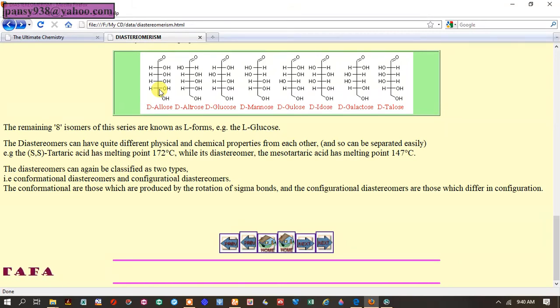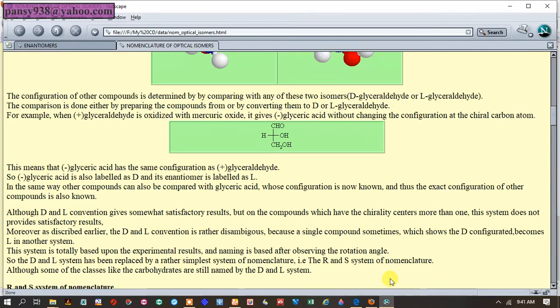It can't tell us about the stereochemistry of other carbon atoms, which may be different. So the D and L conventions do not work well in these cases. So a new system is needed for this.